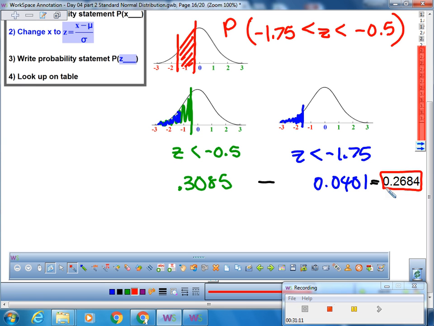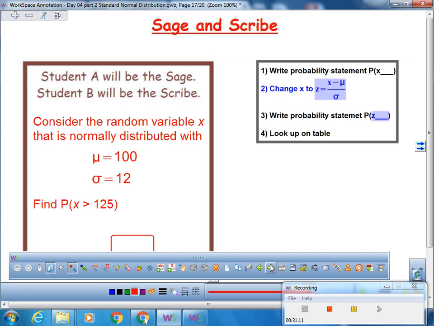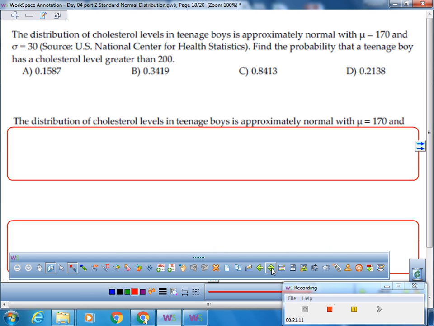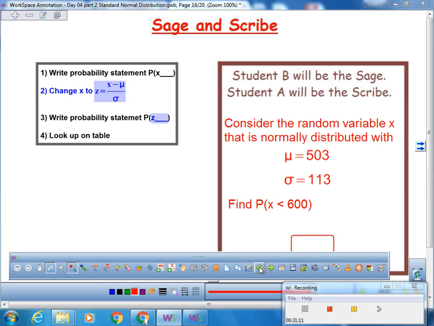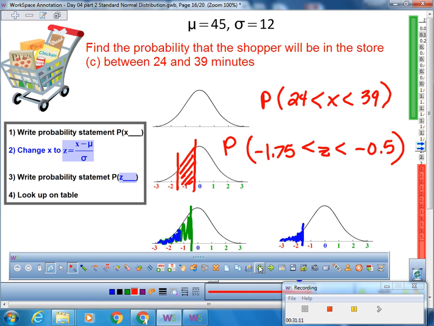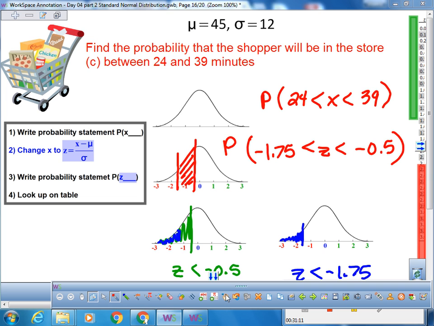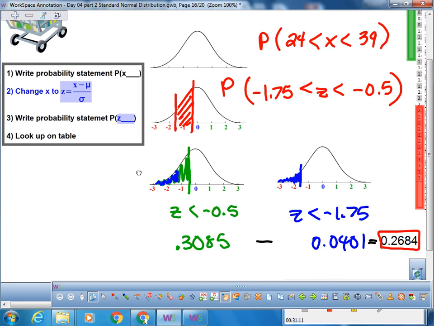All right, why don't you guys try the one on your homework? Let's see if I have that in here. I do not. I'm going to leave this one up for you guys to see it and reference.